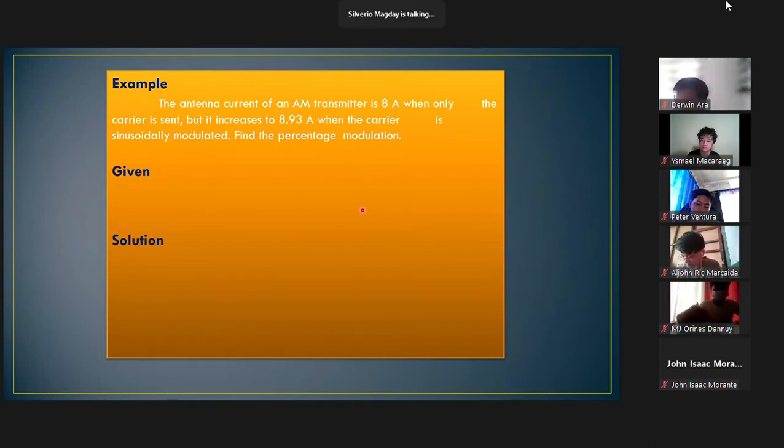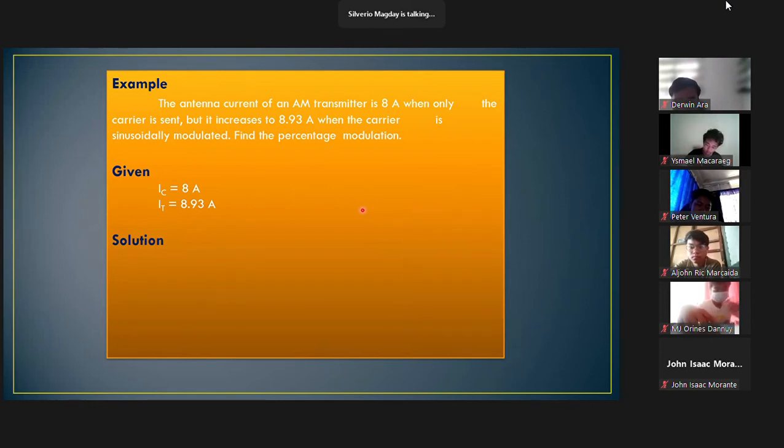So 8 amperes is the carrier current when unmodulated, that is your IC, and 8.93 is the resulting current after amplitude modulation, that is your IT. Find the percentage modulation.